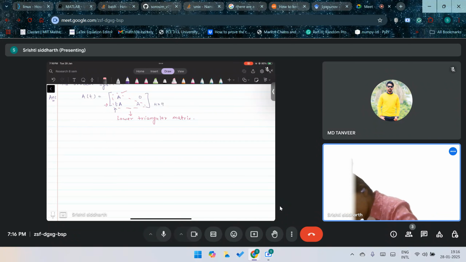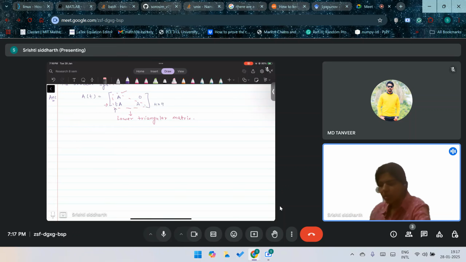And observe that this subsystem is LTI because A is a constant matrix. We have already seen how to find the solution to the LTI system.